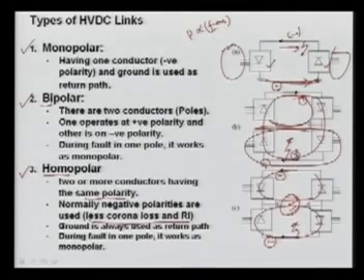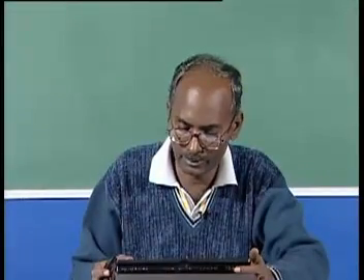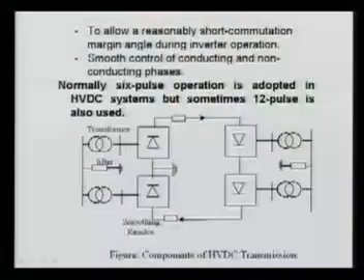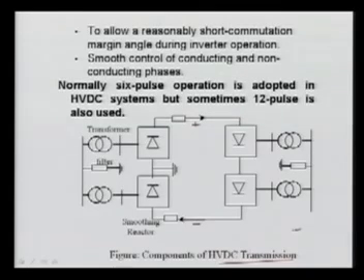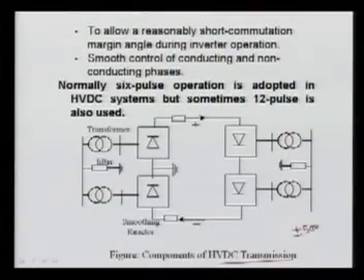Now let us go for the basic principle part of the HVDC system. I will show this figure. First see this, the components of HVDC transmission. Here, it is a bipolar. Normally let us take this as plus and this as minus, and for a bipolar the voltage is written as plus minus the voltage of one pole. Suppose I have written 500 kV.